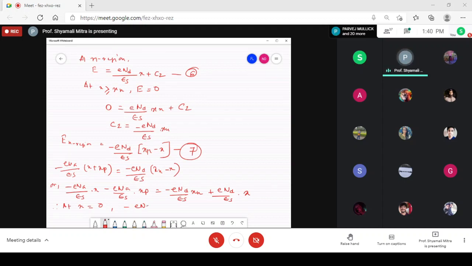This particularly boils down to N_A times x_p is equal to N_D times x_n. Thus, the number of negative charges per unit area in the p region is equal to the number of positive charges per unit area in the n region.